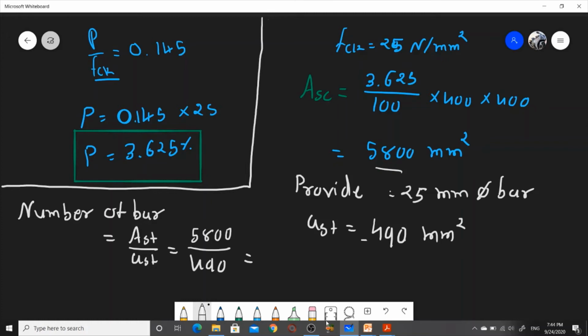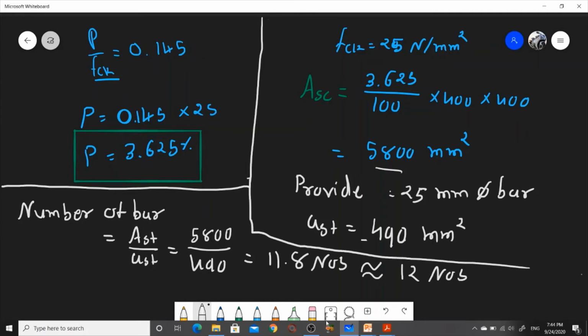The value is 11.8 numbers, so I am going to provide 12 numbers. So the column design is completed.